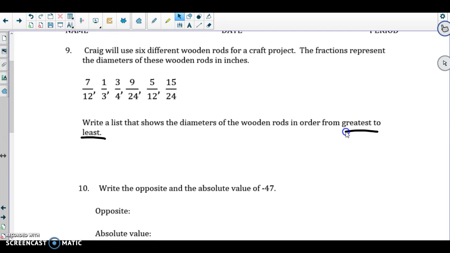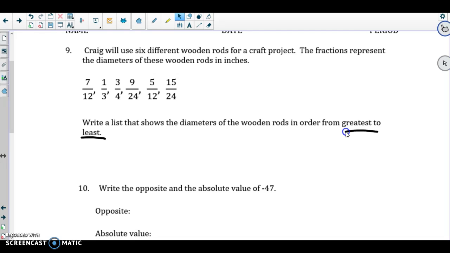But take a look. If I look at my denominators, I have a 12, 3, 4, 24, 12, and 24. I think they have a common denominator for all of them. And if I were to write that common denominator and change all my fractions, it's going to be a lot easier to show what that is.